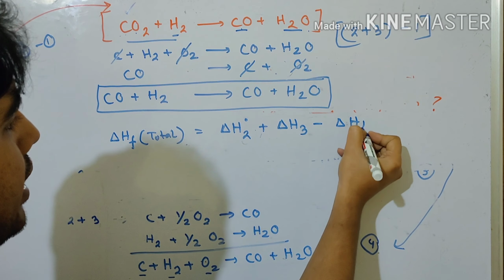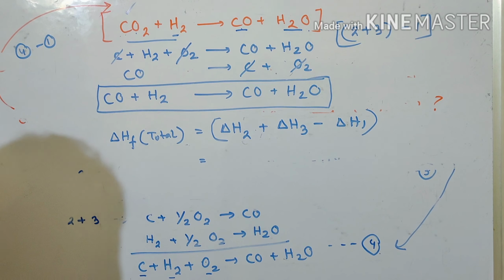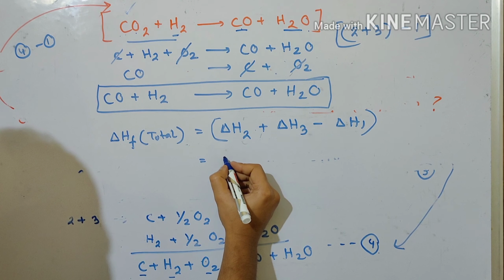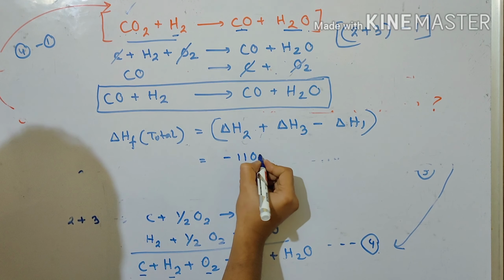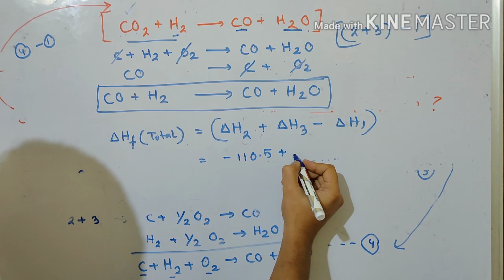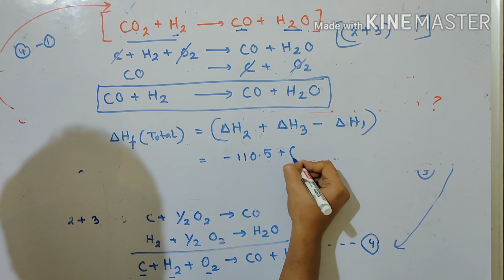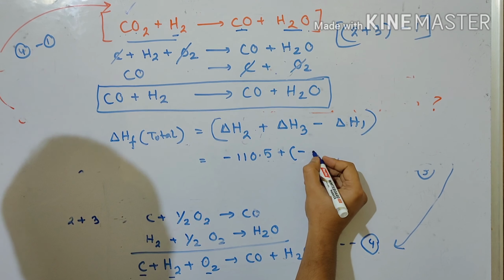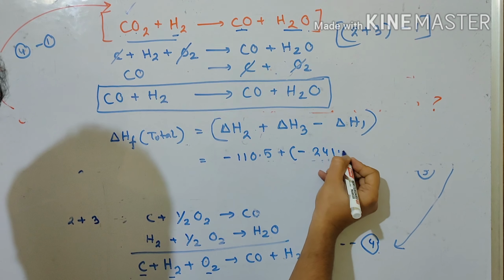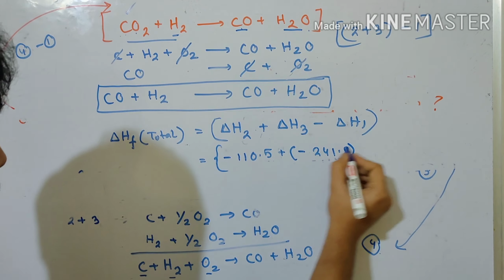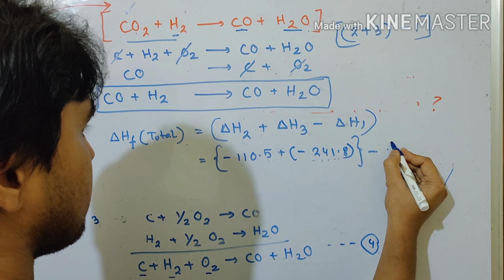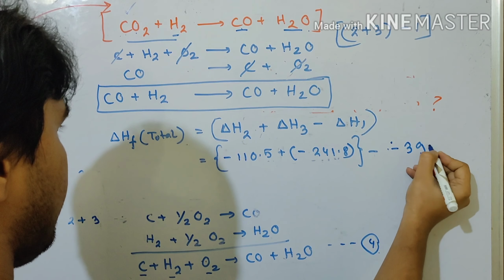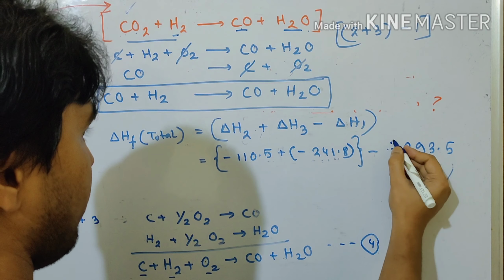And as per the given cases, although I have erased it, you can see it from your video, it should be minus 110.5 plus minus 241.8 minus of minus 393.5.